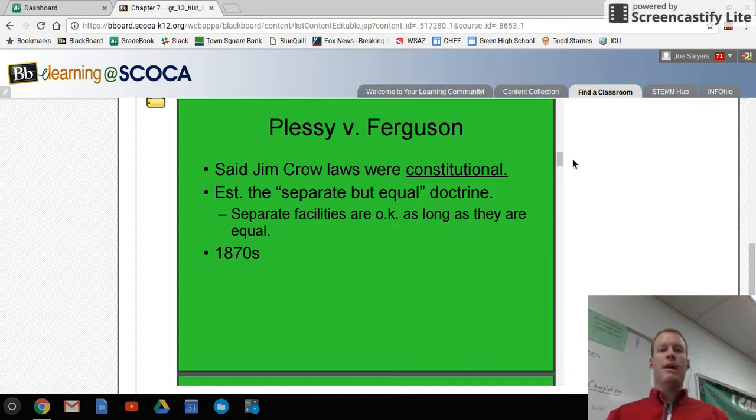They said that it was okay to have separate facilities for blacks and whites as long as they were equal. This created what became known as the separate but equal doctrine. Now, this would have been okay except for the fact that the facilities for African Americans were never equal. They were always worse than those for the whites. However, this Supreme Court case upheld Jim Crow laws, and they existed for about another 100 years, 90 to 100 years in the South.